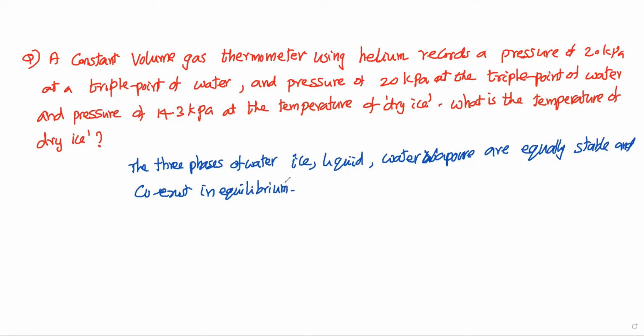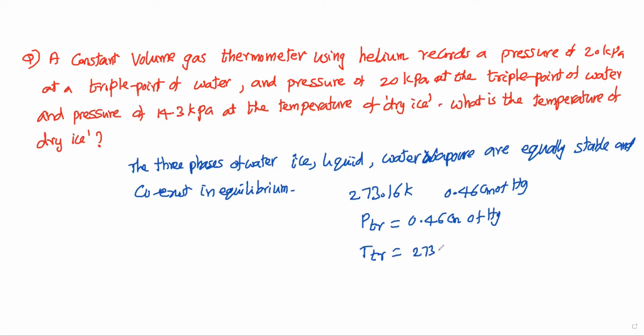Okay, it occurs at a specific temperature of 273.16 Kelvin and a pressure of 0.46 centimeter of Hg. So pressure at the triple point is equal to 0.46 centimeter of Hg and the temperature of the triple point is 273.16 Kelvin or 0.01 degrees centigrade.